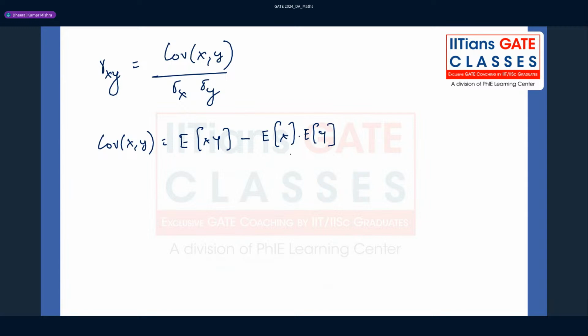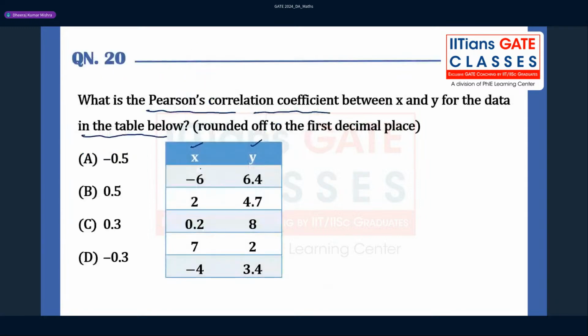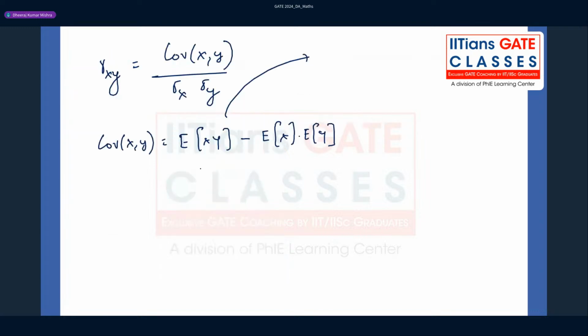If these two random variables are independent, the expectation of the product of the two random variables can be written as the product of the individual means, expectation of x and expectation of y. So your covariance is going to be zero in that case, and this coefficient will be zero.